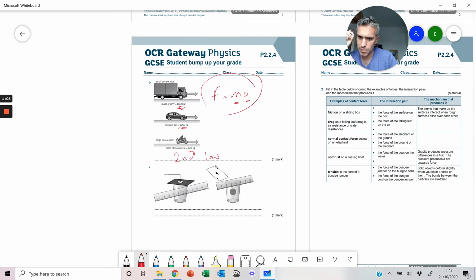Not actually quite sure what is happening here. So, why is there a ruler? Maybe they're using a ruler to hit the card, and then the coin is dropping. So, in this situation, everything is stationary. That's kind of Newton's first law.